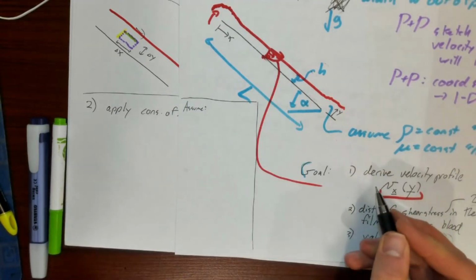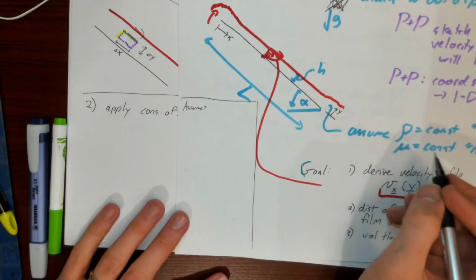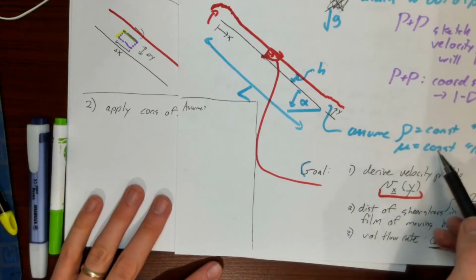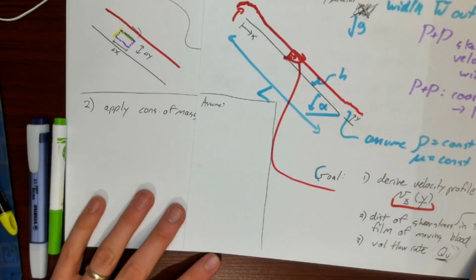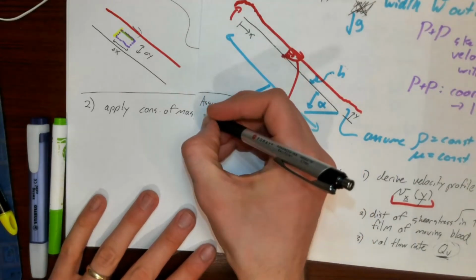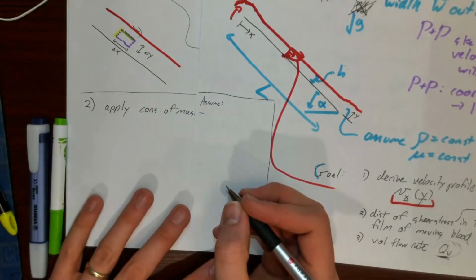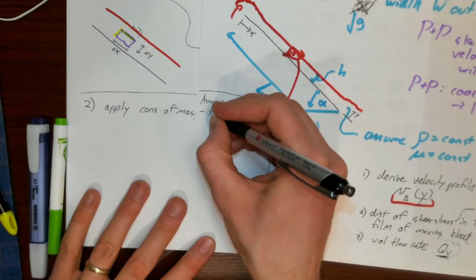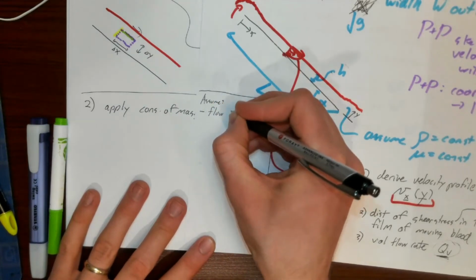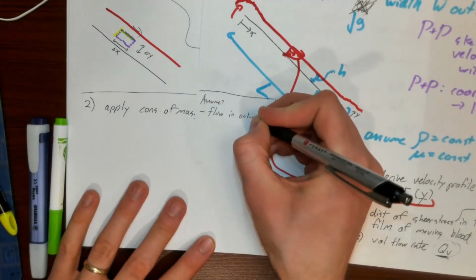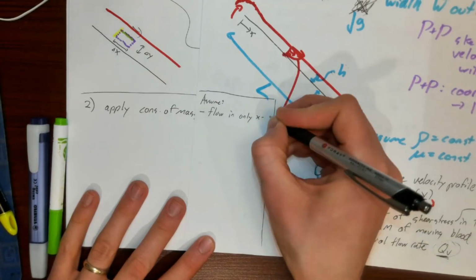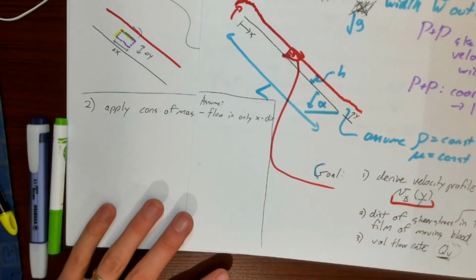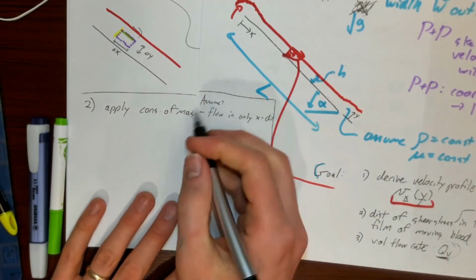So in this case, let's assume that we have flow in only the x direction. So we have flow only in the x direction.